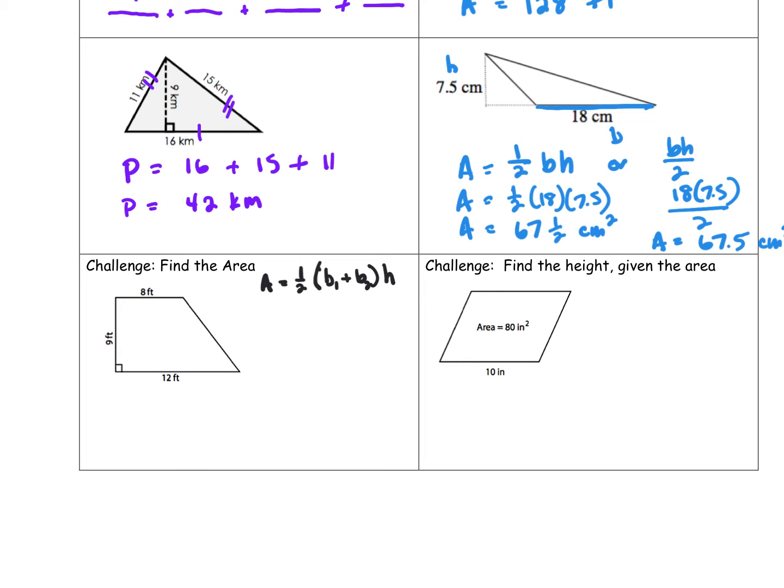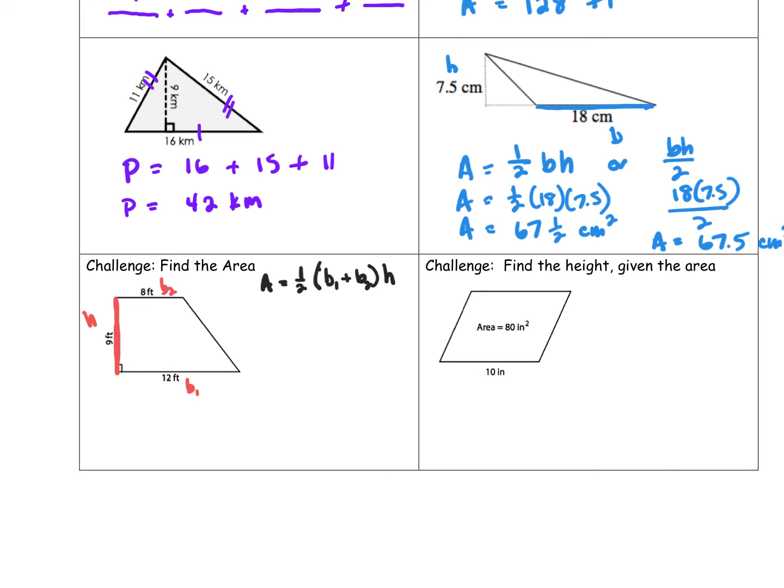So instead of having just base, it's base 1 plus base 2. And here's what they're talking about, the base. This is one base, this is the second base. So they often label this as base 1 and base 2. And the height, again, from the very top to the bottom, is the height.